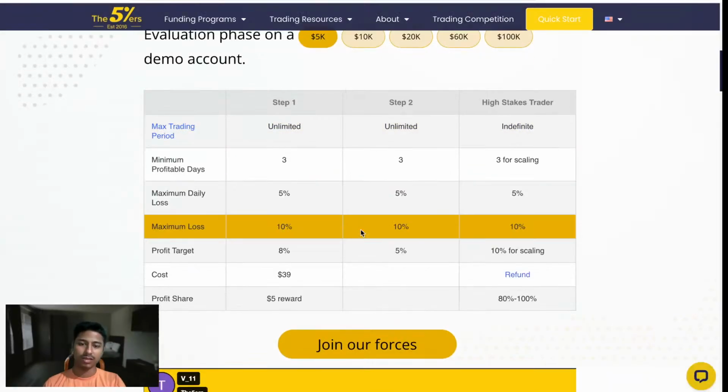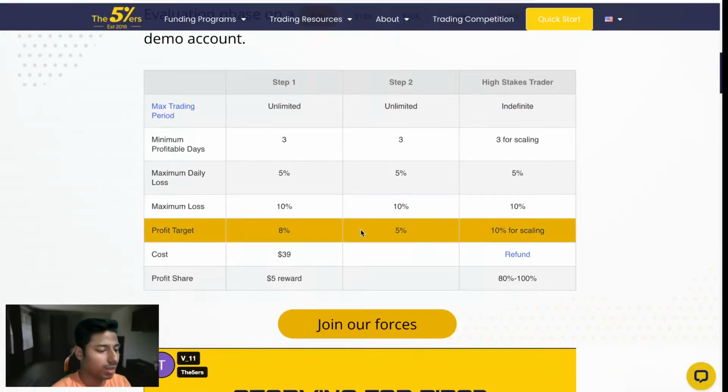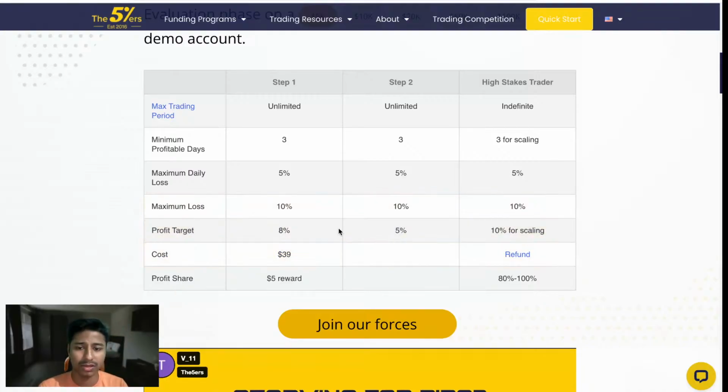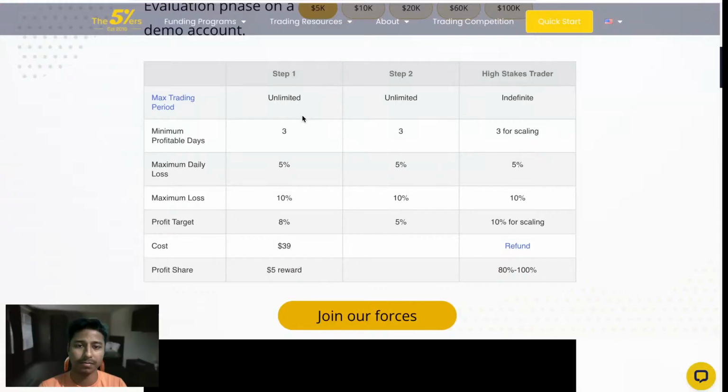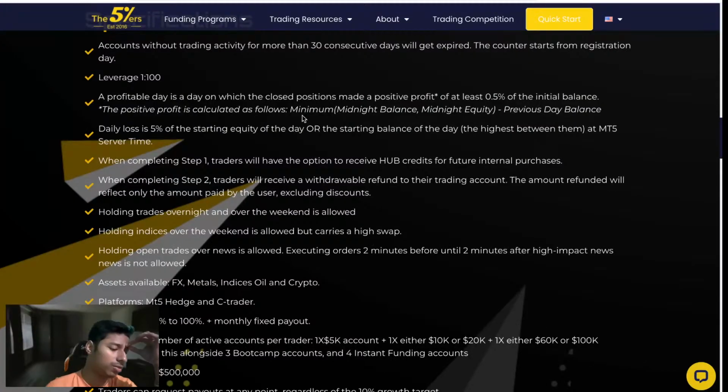This challenge is good. I have never seen any bad reputation about this prop firm online. I usually hear about funny pips or funny funds. They sometimes delay your payout or just send an email saying you broke their rules, which isn't true sometimes.